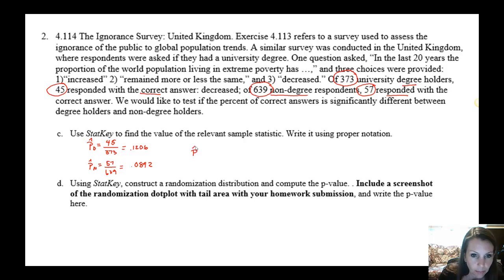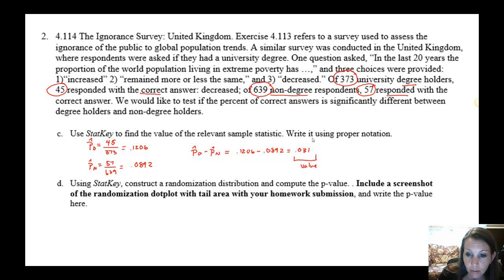So that's P hat D minus P hat N, which equals 0.1206 minus 0.0892, which equals 0.031. So when it says find the value of the relevant sample statistic, the value is this 0.031.